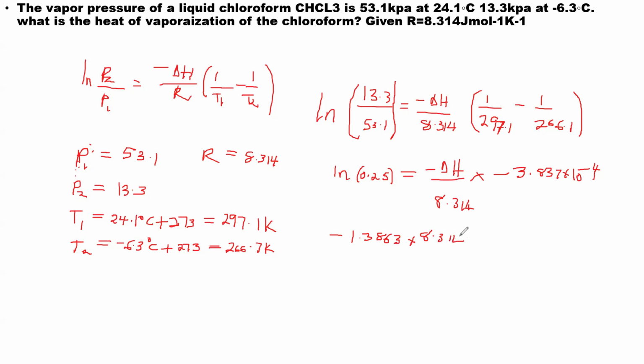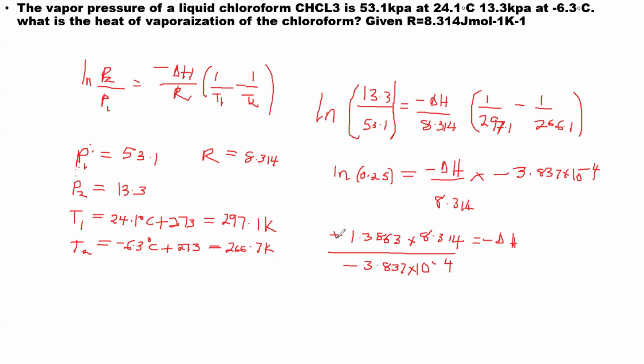Then if we cross multiply with this, we now have minus 8.314 equals minus delta H. And of course we can divide through the equation by minus 3.837 times 10 raised to the power of minus 4.